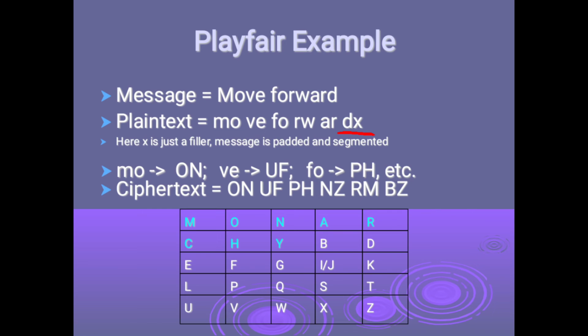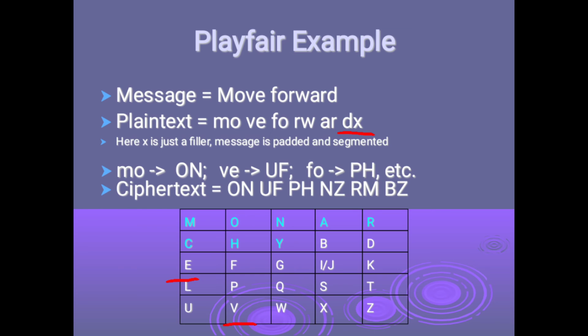Next, VE. Find out the V. V is in the second column, last row, and E is in the first row, third column.